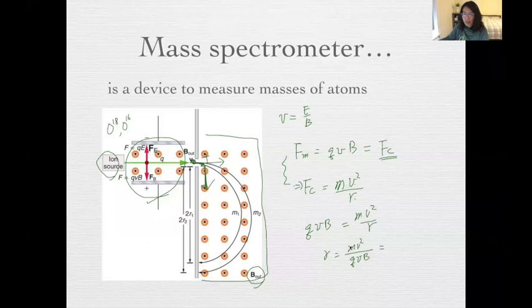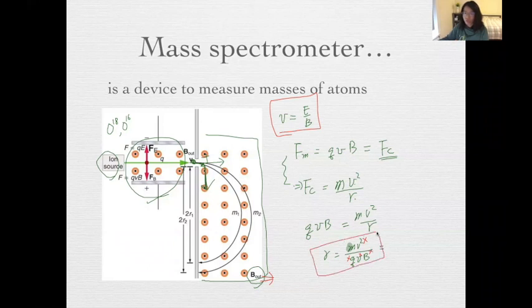Then let's see, the masses of them will be different, okay? But we know that the speed is the same, because the speed is controlled by the Hall effect region before it comes in. The charge is the same for both ions. The speed, again, is the same. The magnetic field they experience is controlled by the researchers, so that is the same.